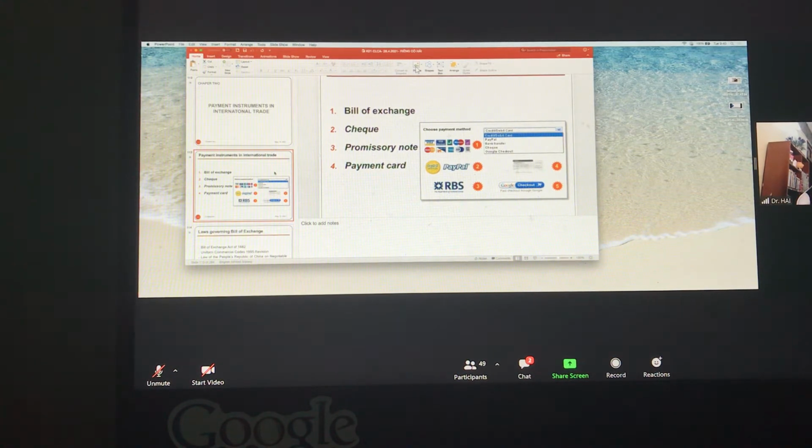But from the first lessons, I said that we focus on export, import. That's why, look at the instruments on the slide. We know that we can use all of them in international payments, including goods, I mean selling goods, or services.